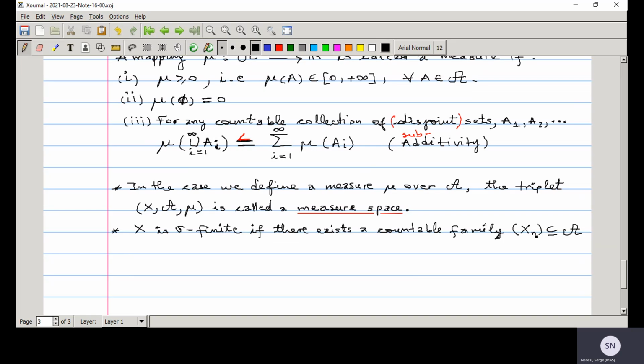Because this is a sequence. Each element is there. So if I take the entire collection, it's a subset of that, right? Such that X is the union of Xi.